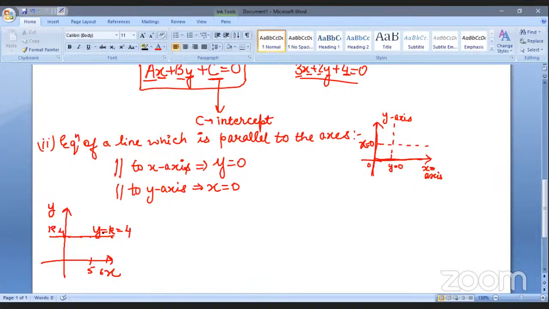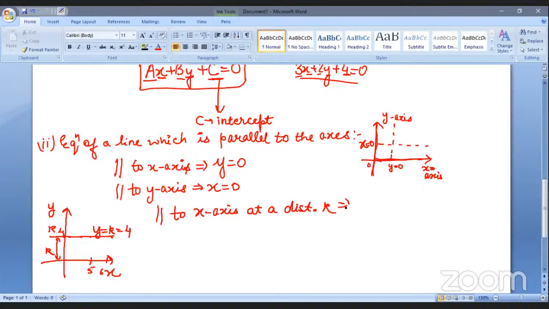Now, we know that if a line is parallel to x-axis at a distance, let it be k. Here we can see that this particular distance is k, right? This line is parallel to the x-axis, but it is k units away.